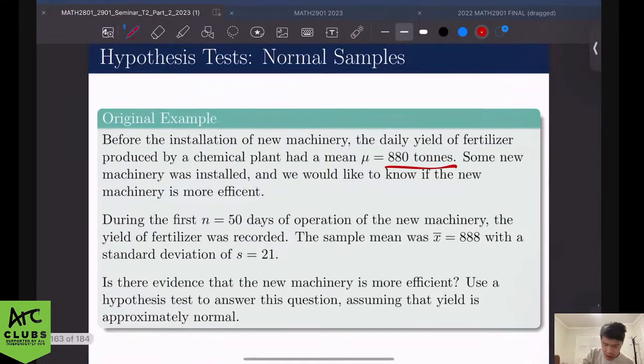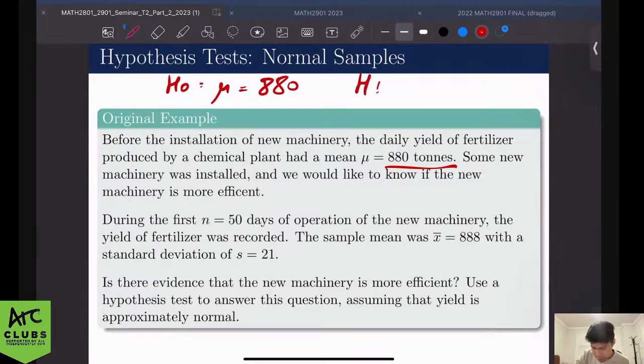So the null is the default, so mu equals 880, and the alternative is basically, is it more efficient? So is it greater than 880? Be careful, because sometimes you'll get greater than, sometimes less than, sometimes not equal to. It depends on the wording. If they had said, for example, we would like to know if the new machinery is different or has some kind of effect, then it would be mu is not equal to. But in this case, we're trying to figure out if it's more efficient, so we do greater.